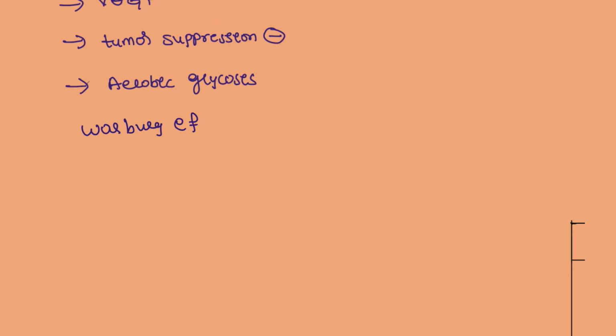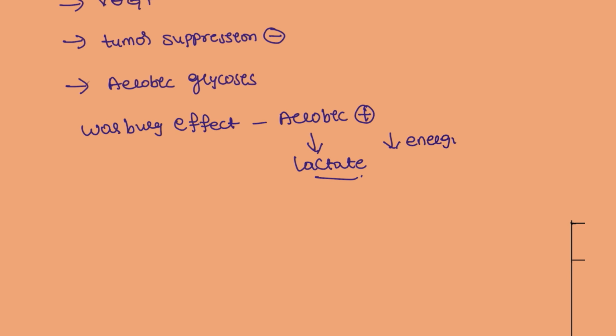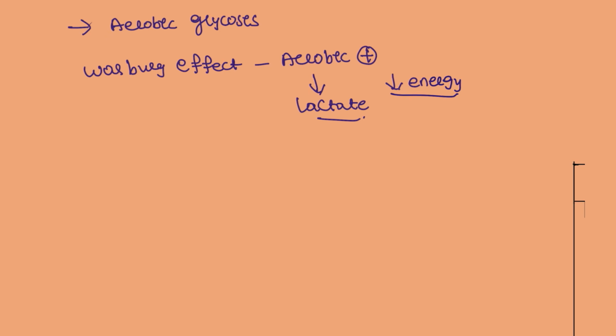What is meant by the Warburg effect is that these cells use aerobic glycolysis, but they are going to produce lactate because less energy is consumed. So to consume less energy, the cells go into aerobic glycolysis and produce lactate. This is the Warburg effect.